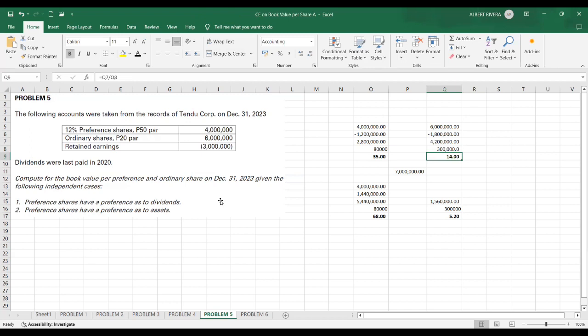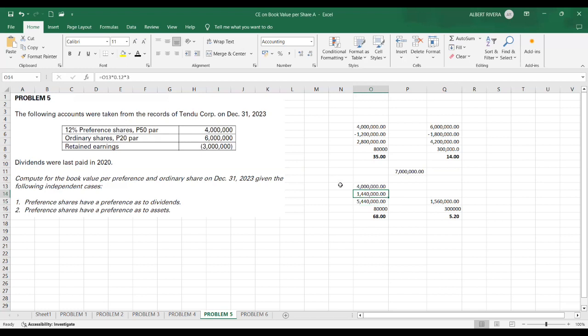However, if the preference shares have a preference as to assets, the normal, para kang parang yung nag-provide ng dividend. Ito yung 7 million, that is 4 plus 6 minus 3, 7 million. The par value of preference is 4 million. And the dividend, since the last payment was made in 2020, so this would be a 3-year dividend.